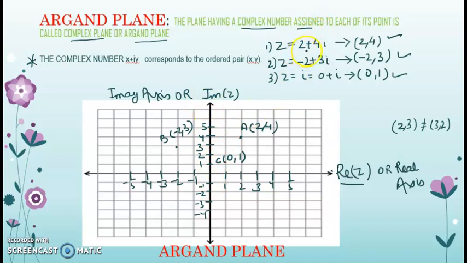So convert the complex number into the ordered pair and just simply plot. This 2 is on the real axis and 4 is on the imaginary axis. This is your real axis minus 2 and this is your imaginary axis. So in this way you have to check the complex numbers, the ordered pair, and this is Argand plane.